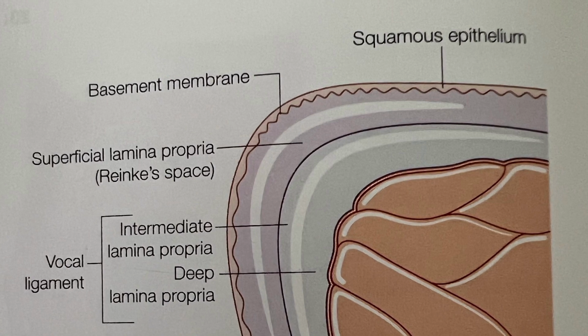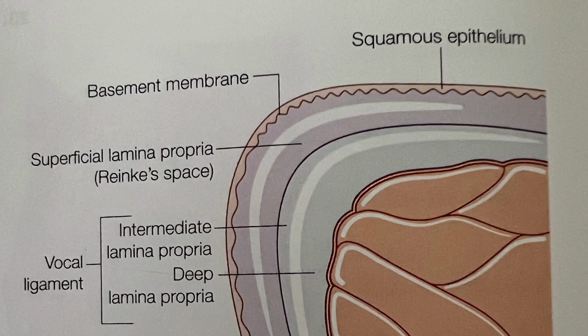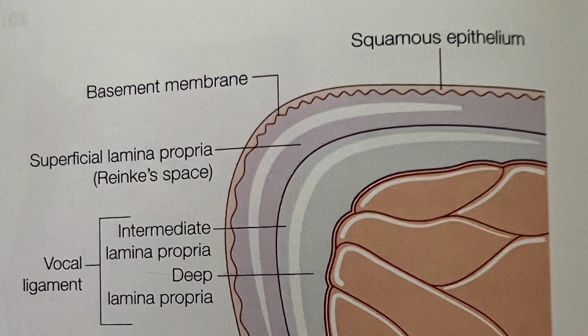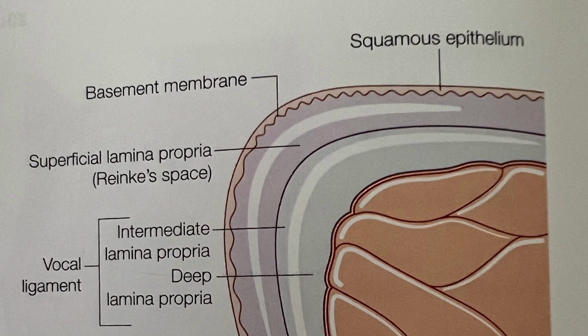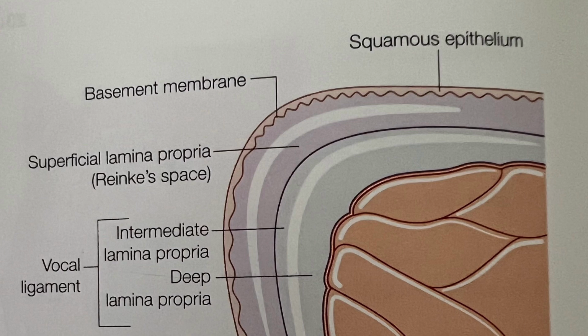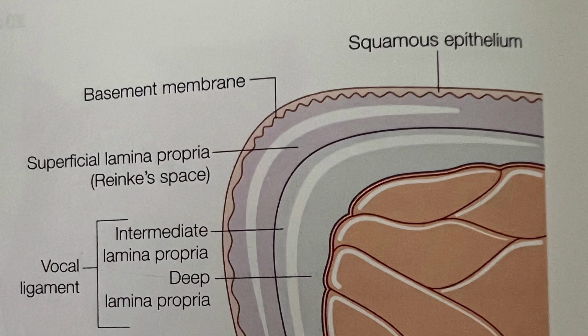These vocal cords are layered structures having squamous epithelium, superficial lamina propria, and vocal ligament.